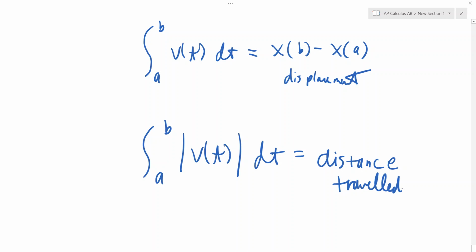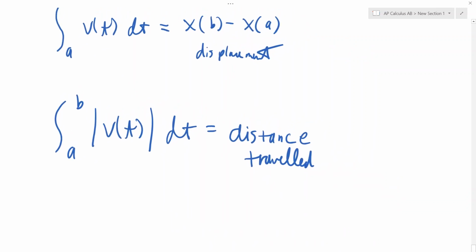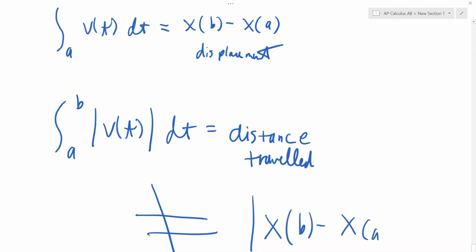It is not simply x of b minus x of a. It is most definitely not, I'll write a big not equal to sign. It is not equal to, kids, the absolute value of x of b minus x of a. It doesn't work like that. You can't just treat absolute value like it's not there and then put it back in at the end. Okay? It does not do that.